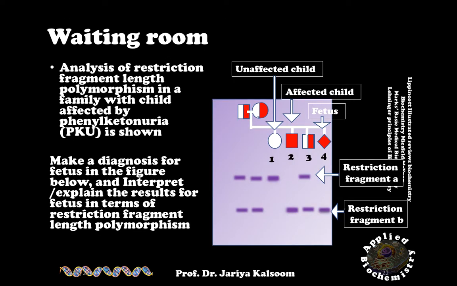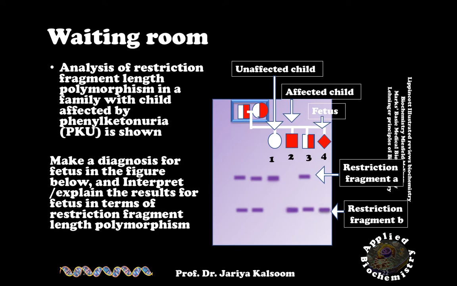A restriction fragment length polymorphism or RFLP has been found to be associated with a mutant phenylketonuria gene. In the case presented here, both parents are heterozygous carriers for the gene for phenylalanine hydroxylase, an autosomal recessive disorder. They both have a fragment A and a fragment B, generated by a restriction endonuclease and detected by a probe.